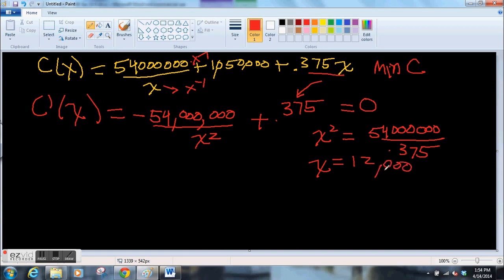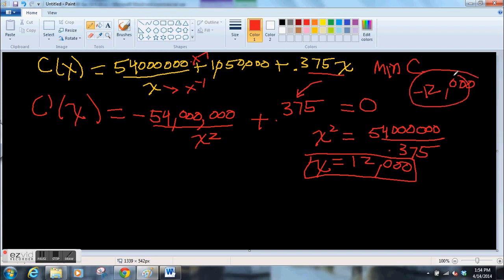We're taking the square root, and we only want the positive side. So we don't worry about the negative 12,000, because x, which is the number of items you're making for each production run, can't be negative. Cannot have negative items.